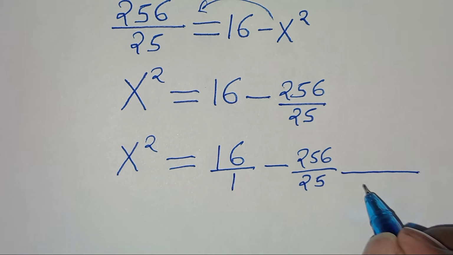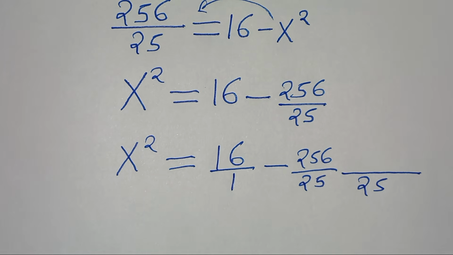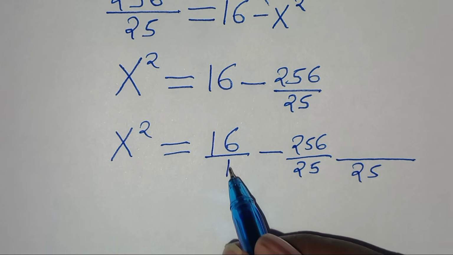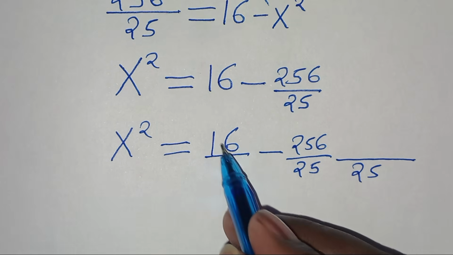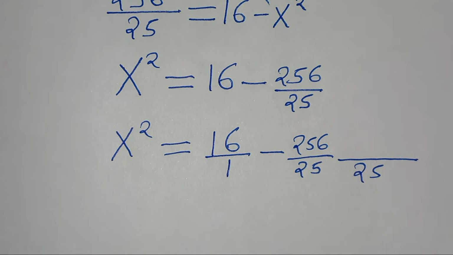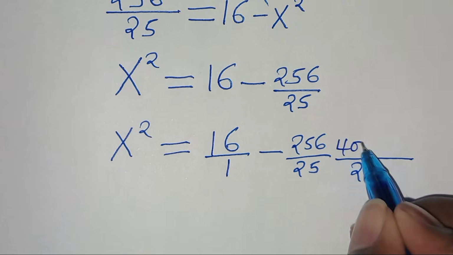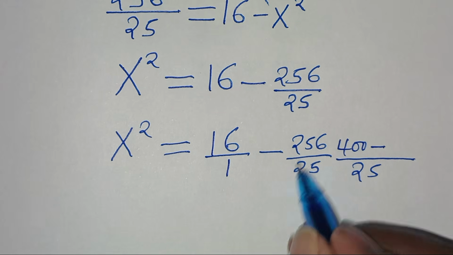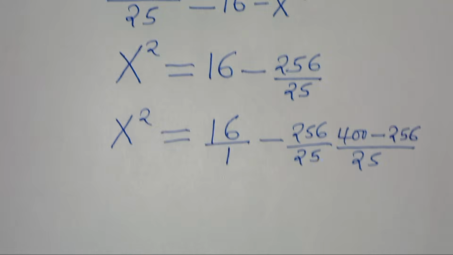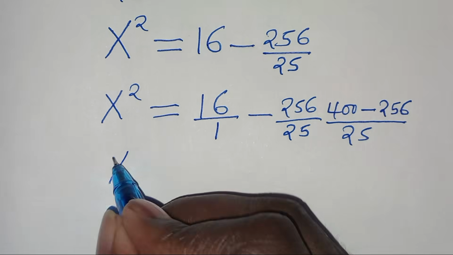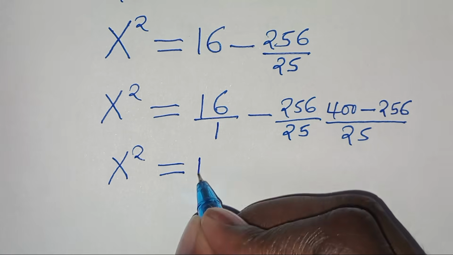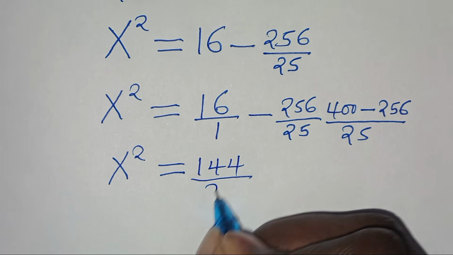The LCM here is 25. So we have 25 divided by 1, which is 25 times 16, that is 400, minus 25 divided by 25 is 1 times 256, which is 256. So we have x squared equal to 400 minus 256, which is 144 divided by 25.